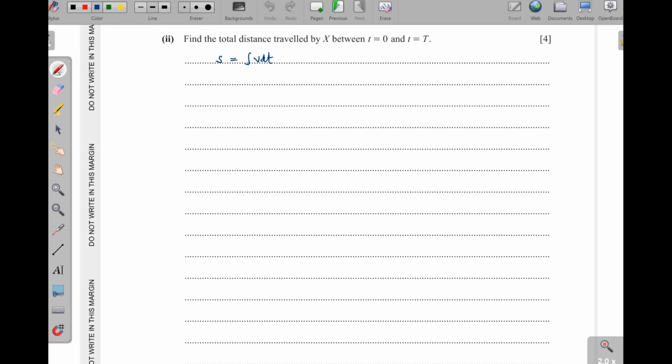So I'll get s equal to 0.3 t squared plus 0.6 t, and we are putting limits from 0 to 4. I'm putting these modulus signs because distance is a scalar quantity.